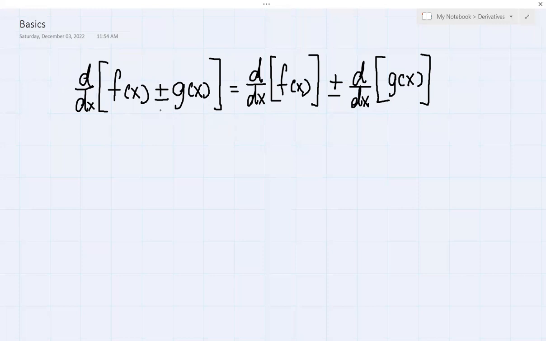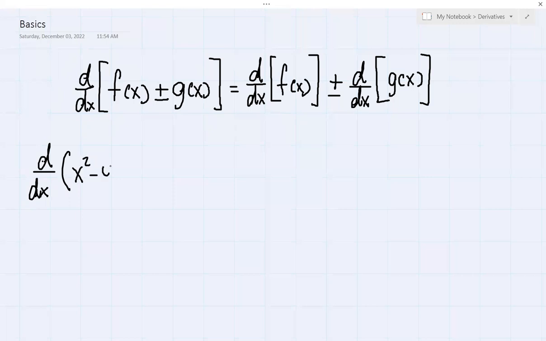Okay? So if we have the derivative of f of x plus or minus g of x, that means we're going to have the derivative of f of x plus or minus the derivative of g of x.